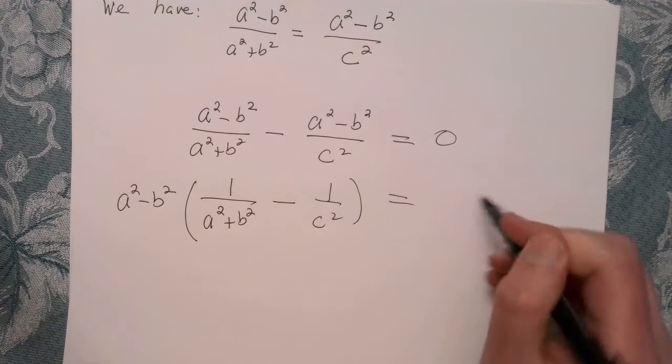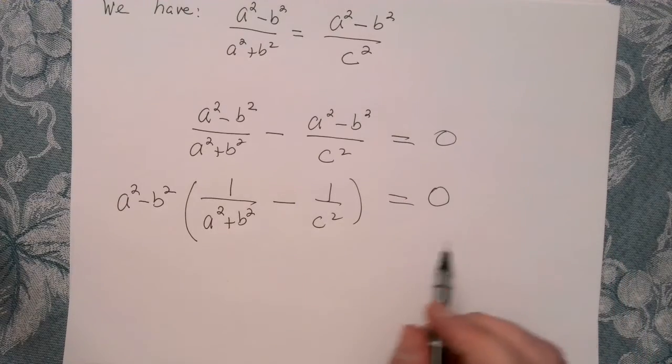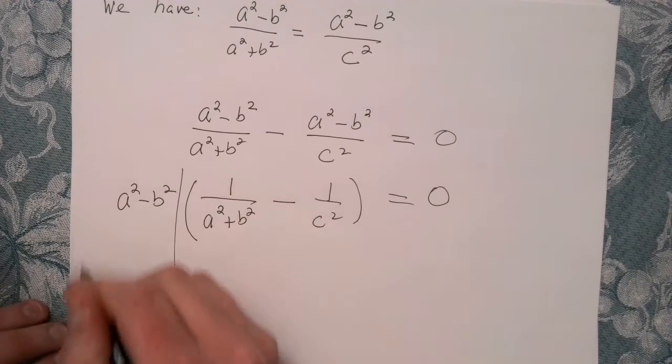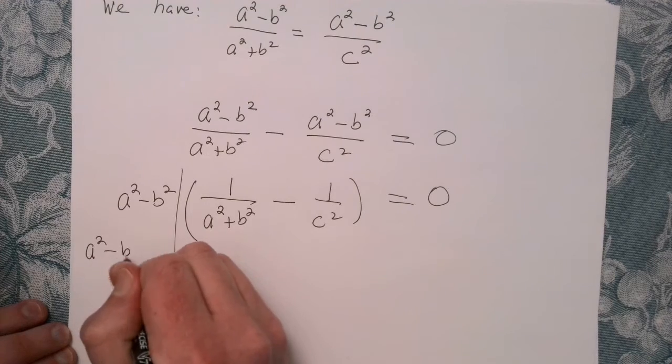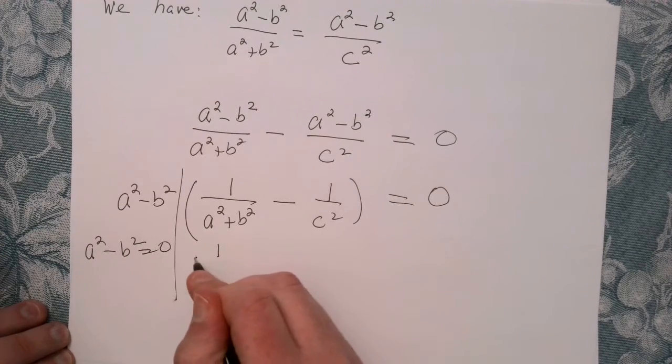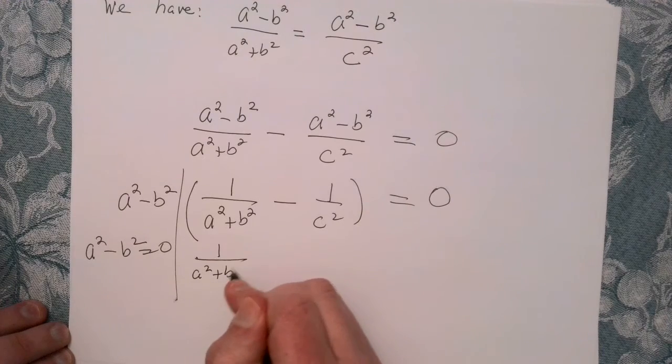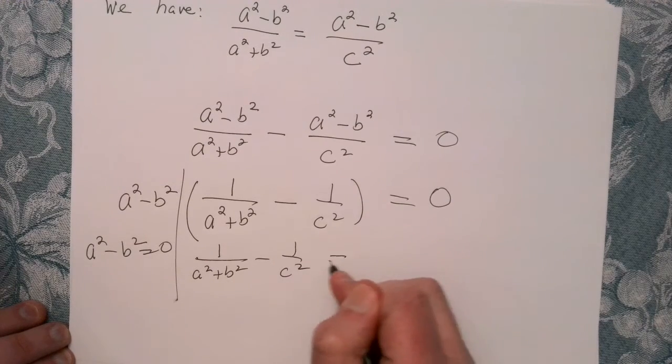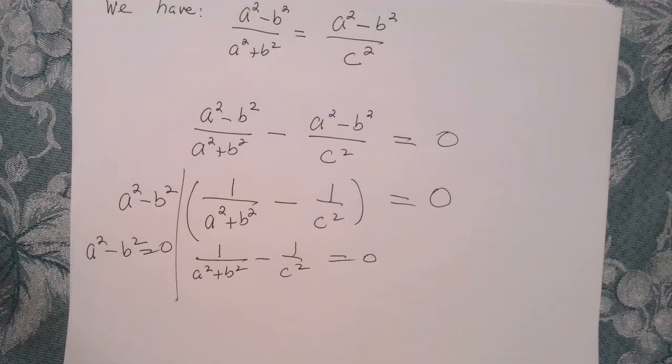And I know if the product of two things is equal to 0, then at least one of them is. So then I can say I either have this or this. Okay, well, we're talking about sides of triangles, so I don't have to worry about negatives here.